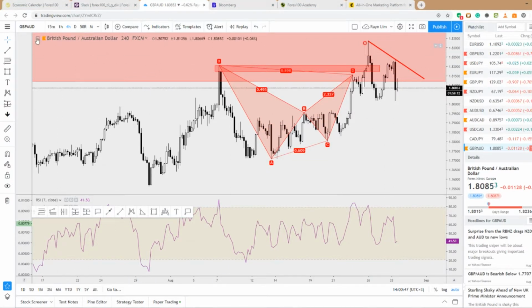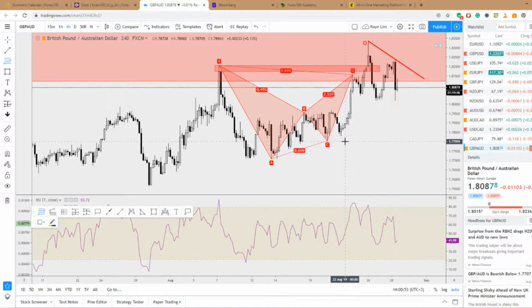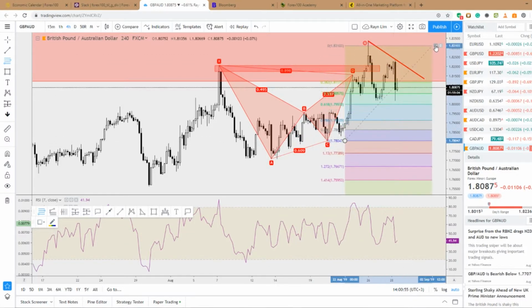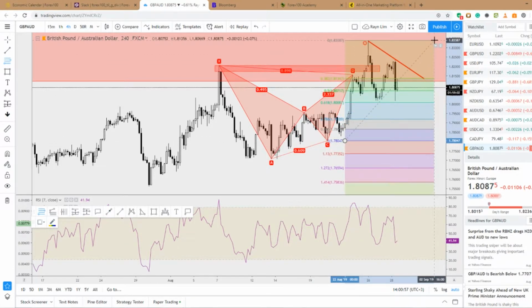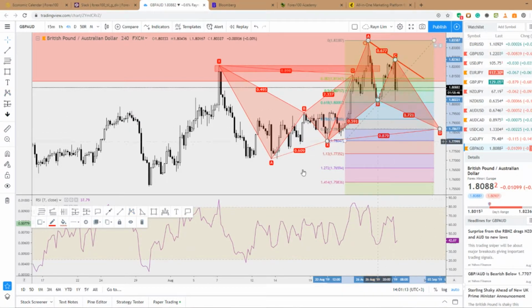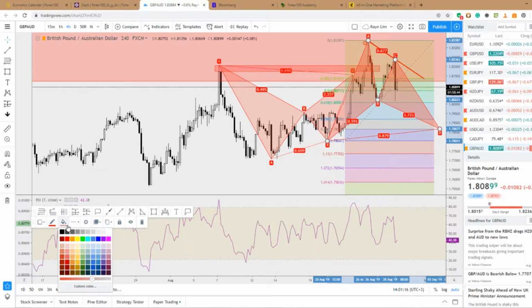Okay, so Pound Aussie on the 4-hour chart, there's another way of looking at this, which is even better for traders who are looking for a buying opportunity. Low price, X to A to B, B, C, CD completion, much lower price here.